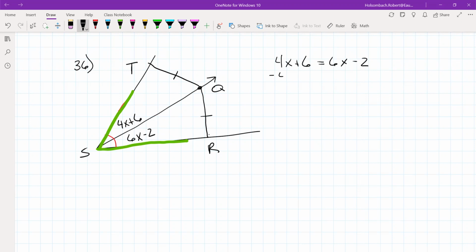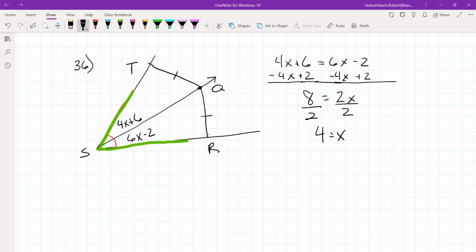So I'm going to subtract 4x from each side, and I'm going to add 2 to each side. So on the left-hand side, I get an 8, and on the right-hand side, I get a 2x. And then I can divide by 2. So 4 equals x.